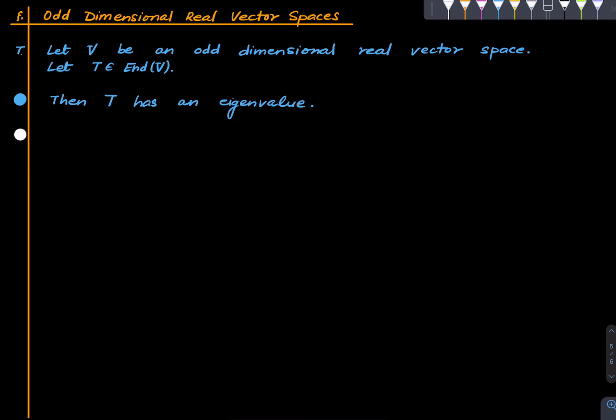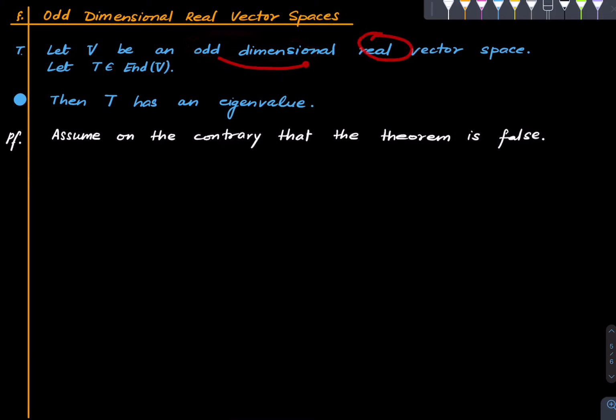So here is the proof. So assume on the contrary that the theorem is false. Right? So if the theorem is false, there is some counterexample, meaning there is some real vector space of odd dimension and an endomorphism which does not have an eigenvalue.